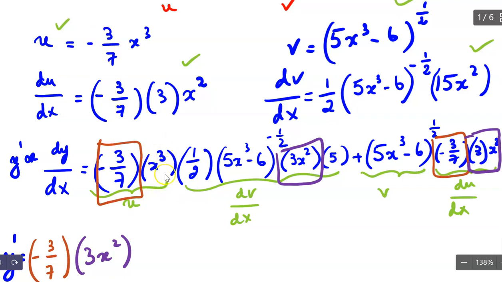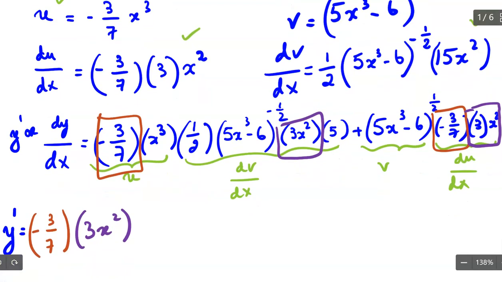I wrote x squared for no reason. It's a sign of getting old, I can tell you that, even though I'm entering my 25th year of teaching now. I'm getting old, and I mixed up 2 and 3.